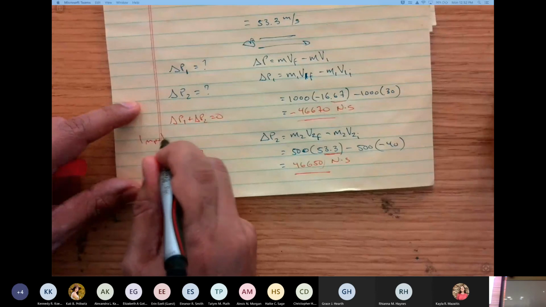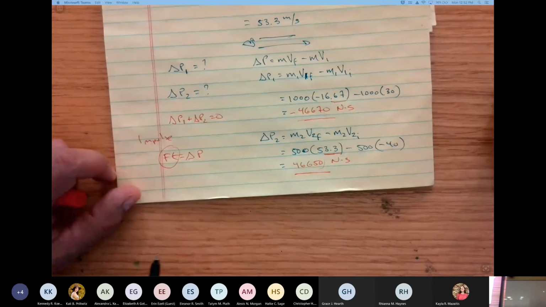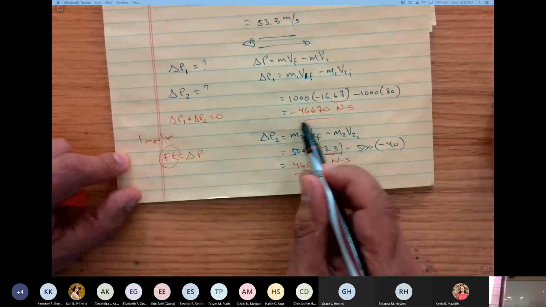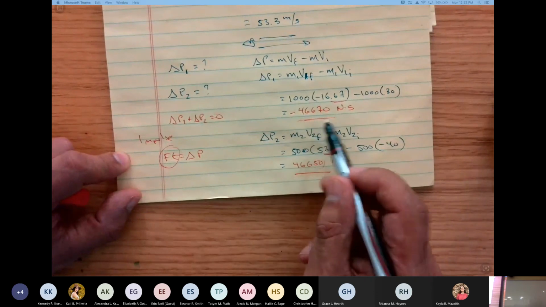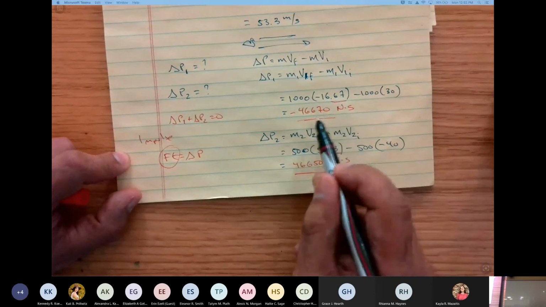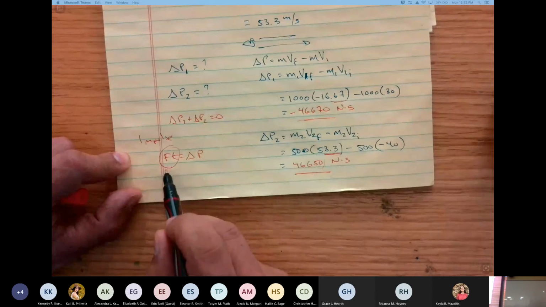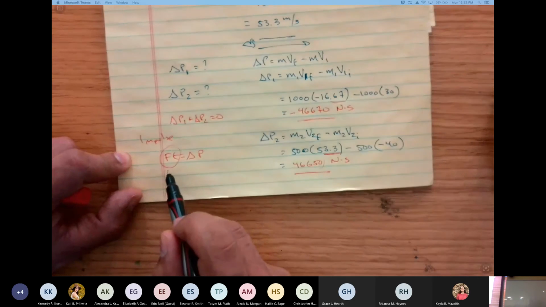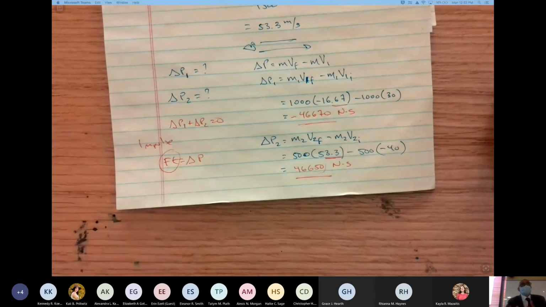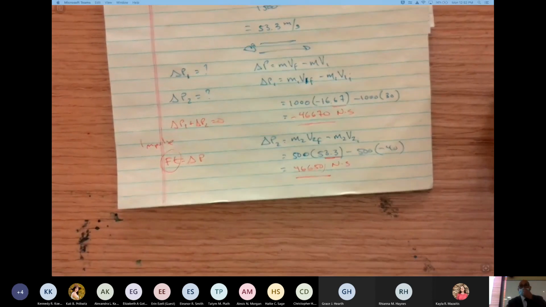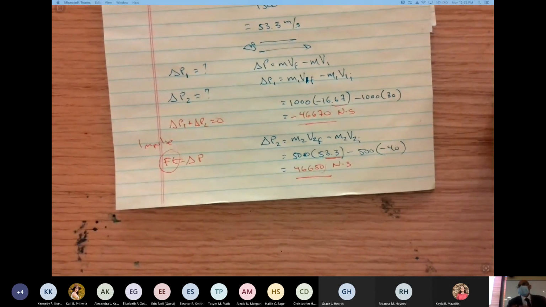So if you calculate delta P to be minus 46,000 Newton seconds, the impulse of that mass is going to be equal to the same, negative 46,000. If I give you the time of the collision, how long it took for this collision to occur, you can calculate the average force experienced by the drivers. Makes sense?